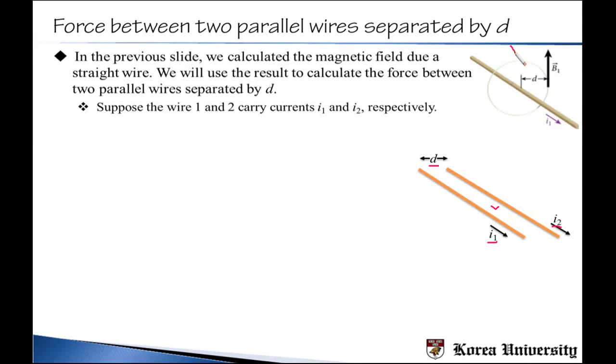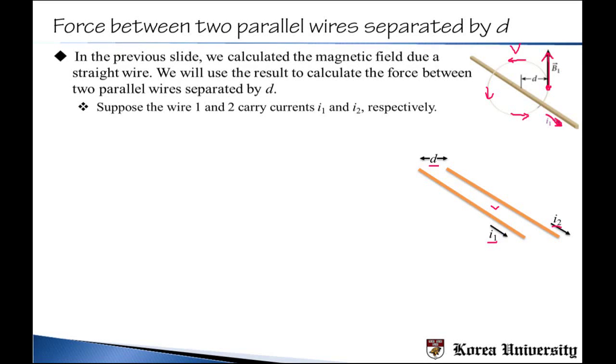Okay, this figure on the upper part actually gives you such a situation. Here we have a first current I1 flowing along this direction, and by using the right-hand rule, we know that the encircling magnetic field will be going like this. And at this position where the second wire is located, the magnetic field will be going up.